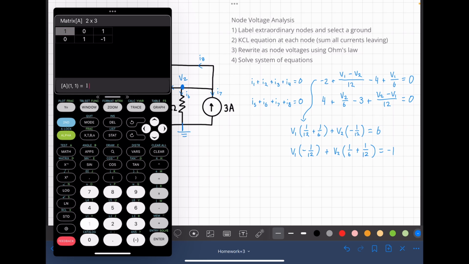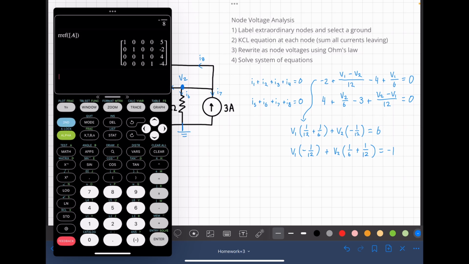So V1 is 1/12 plus 1/6, V2 negative 1/12, constant 6, V1 negative 1/12, V2 1/6 plus 1/12, and negative 1.